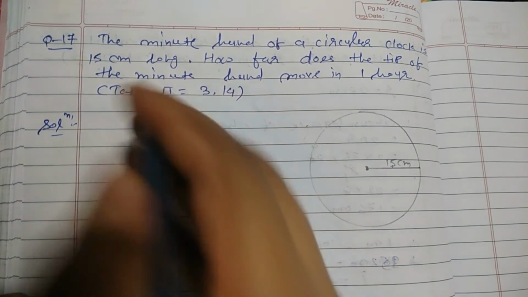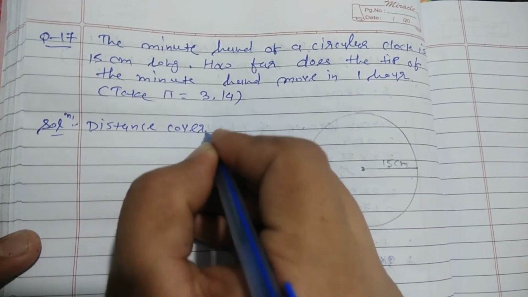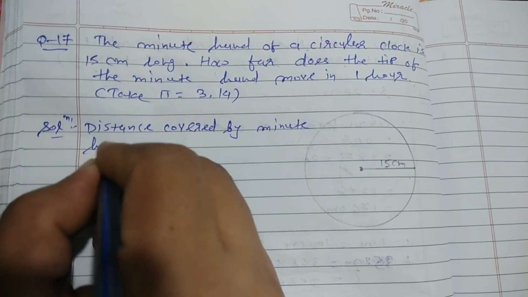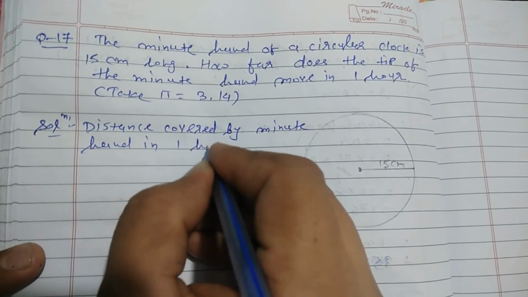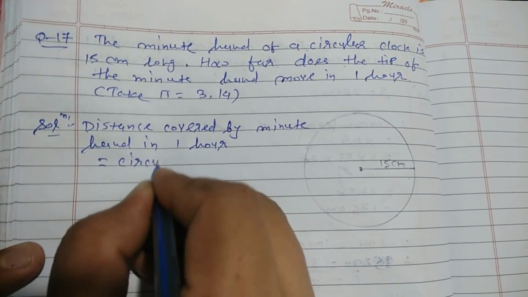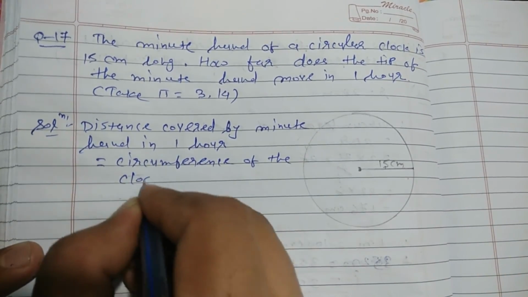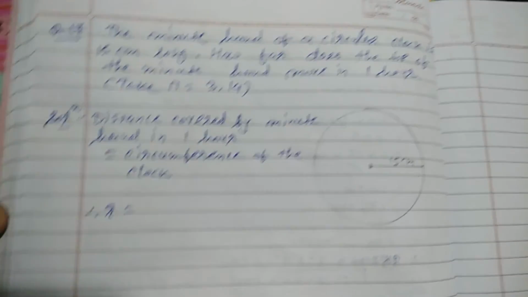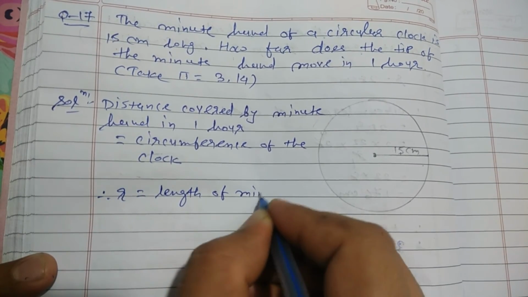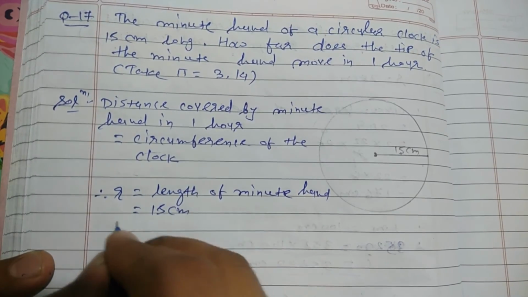So here we will write, distance covered by minute hand in 1 hour, that is equal to circumference of the clock, and therefore radius is equal to length of minute hand, and that is nothing but 15 centimeter.